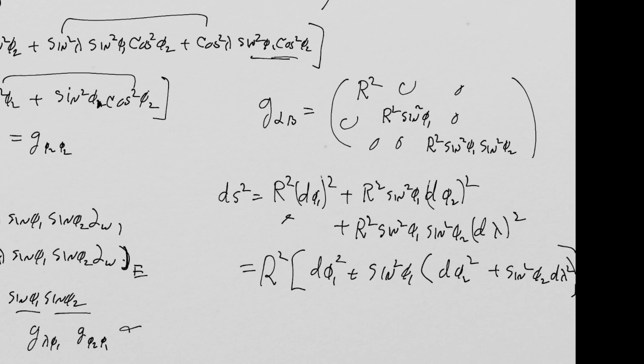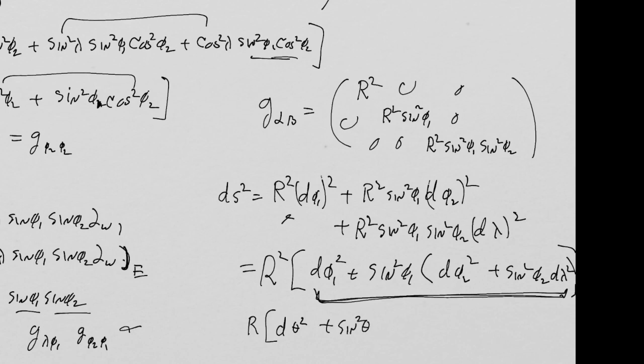right? And this guy here is sort of the normal form of this metric. And it looks very much like the standard spherical form of a metric, right? The spherical form of the metric was r squared d theta squared plus sine squared theta d phi squared, right?